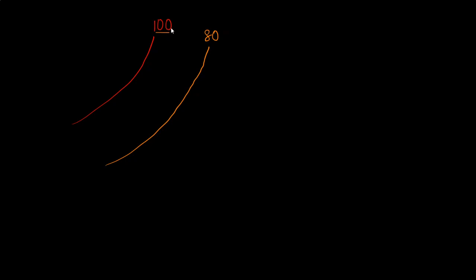Iso means constant and line is line. So it's a line which has constant pressure and that pressure value is 100 Pascal. This is 80 Pascal. Then suppose this is 70 Pascal. Then suppose this is 60.